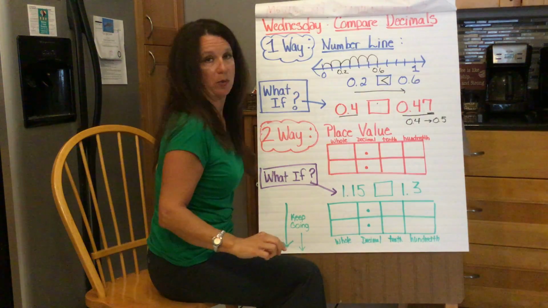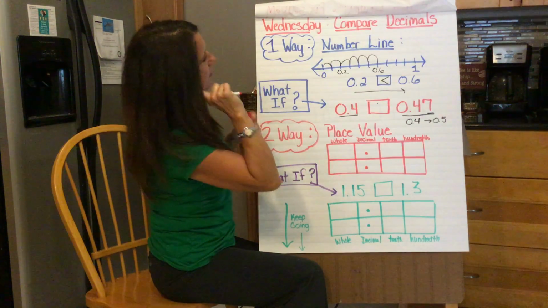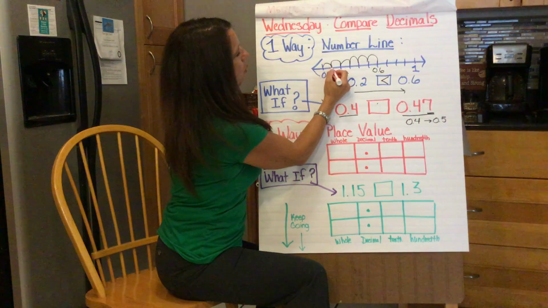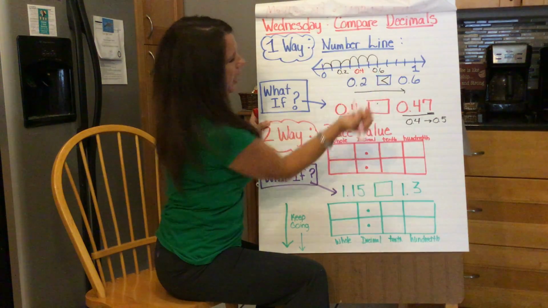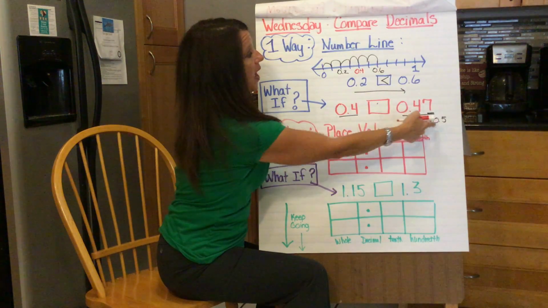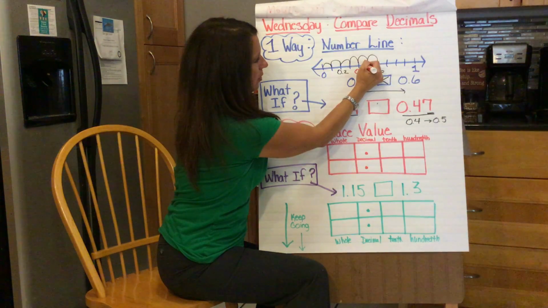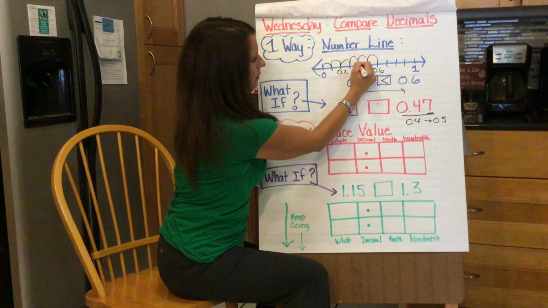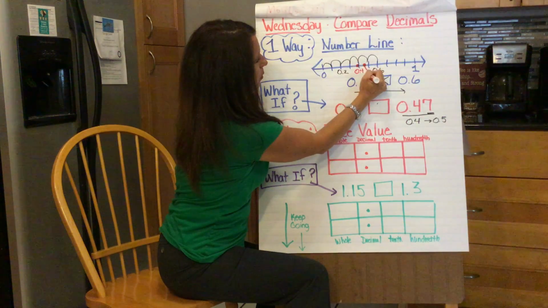Let's do red so it really stands out. So if I have 0.4, this was 1, 2, 3, 4, 0.4, and then I have 0.47, and I know it's between 0.4 and 0.5. It's going to be closer there. Okay, so that is my 0.47.